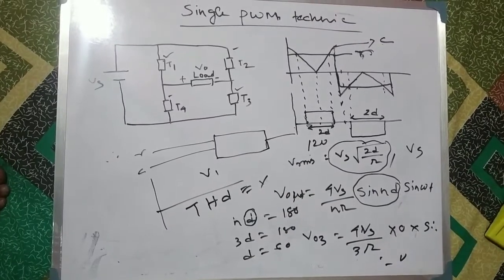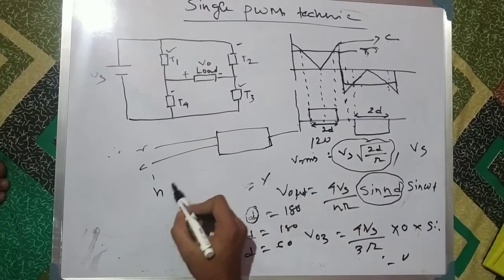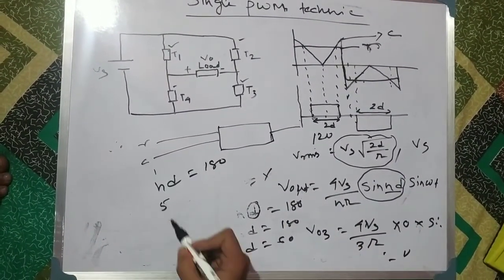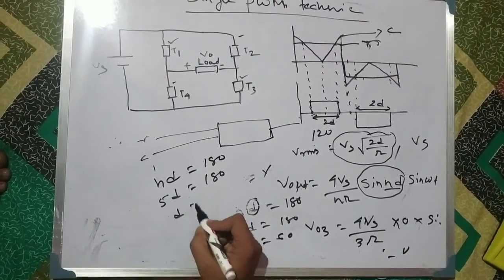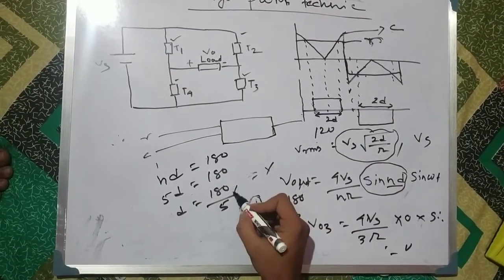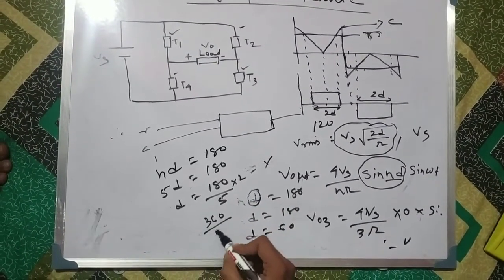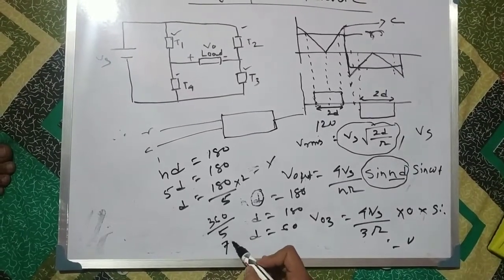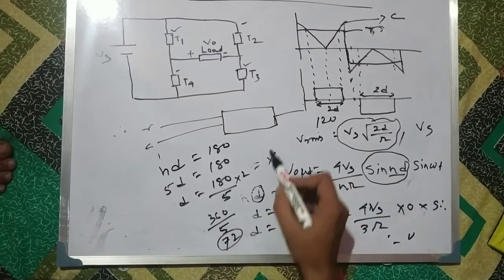We use nd equal to 180 always, since sin 180 equals 0. For the fifth harmonic, d equals 180 by 5, and 2d equals 360 by 5, which is 72 degree, so 2d equals 144 degree.